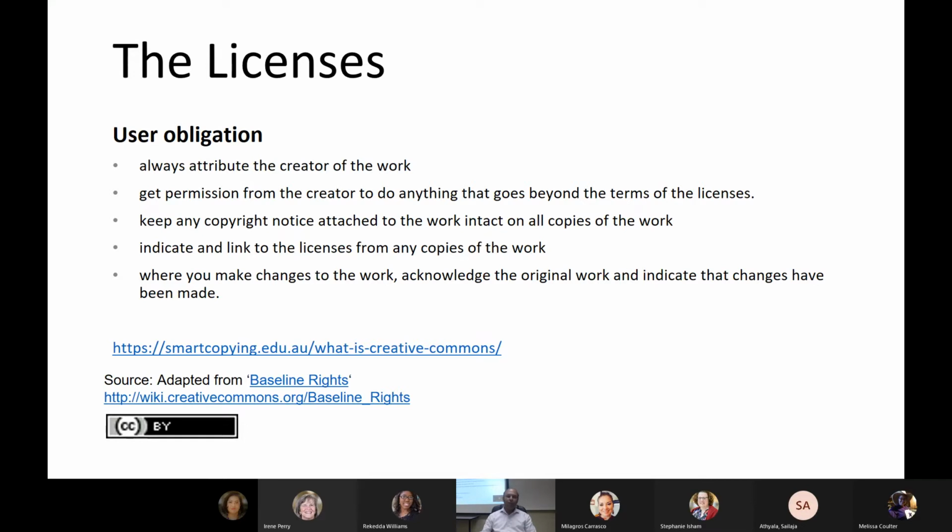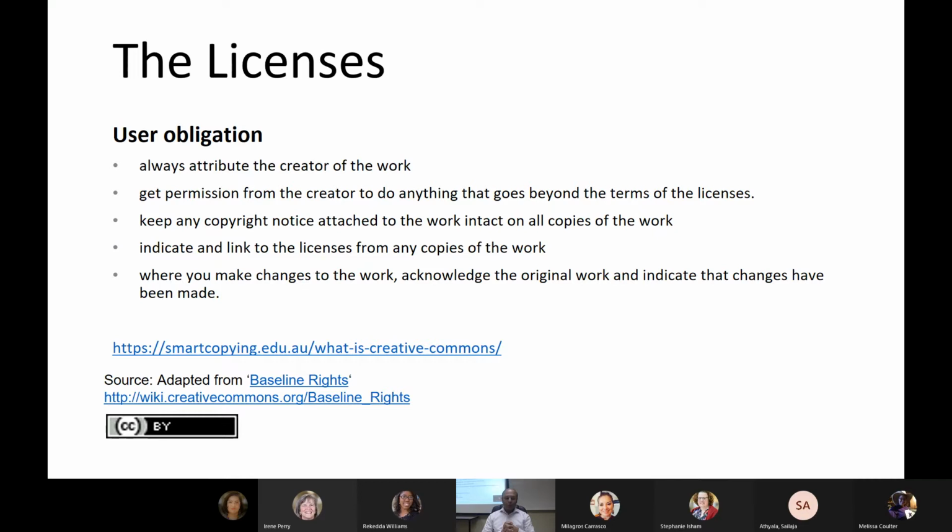It doesn't matter whether it is CC BY, NC, ND, you have to give them credit. Get permission from the creator to do anything that goes beyond the terms of the license, for example, making a commercial use of the work or creating a derivative work where the license does not permit this.